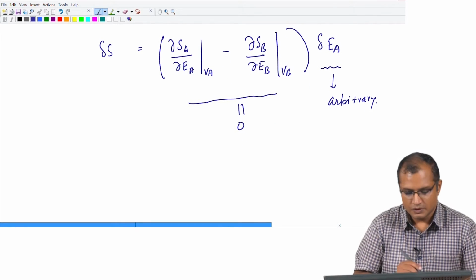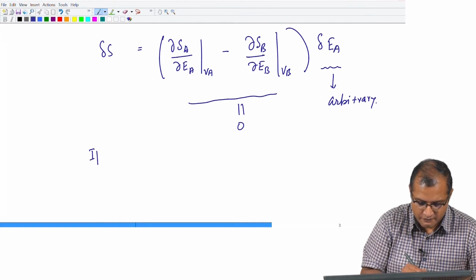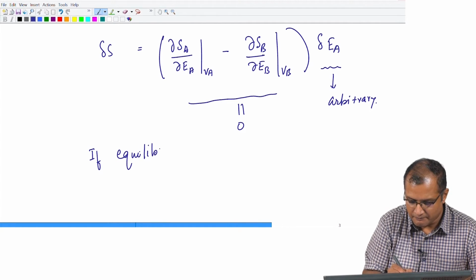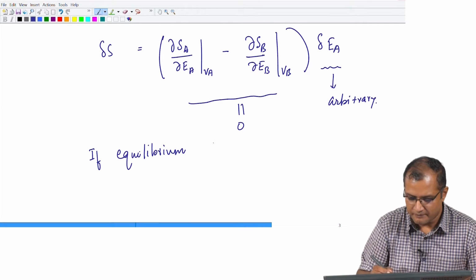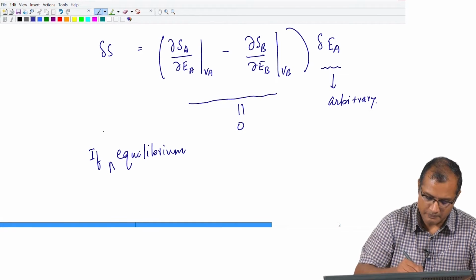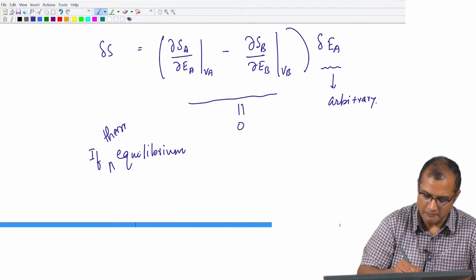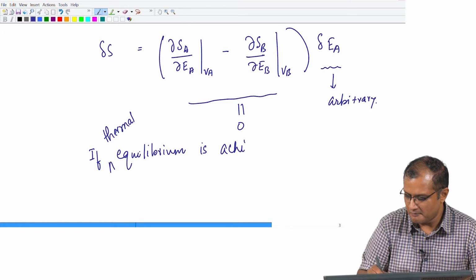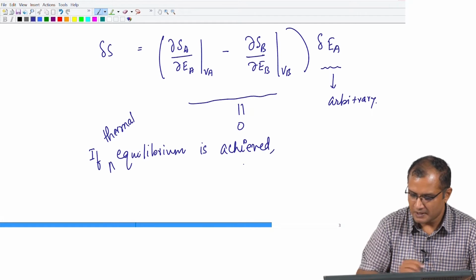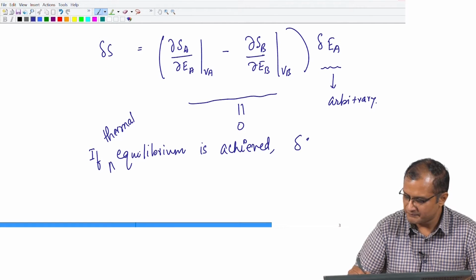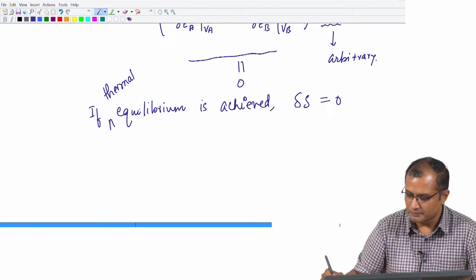So, if equilibrium is achieved, and by equilibrium I mean thermal equilibrium, then I have to demand that the prefactor is 0.